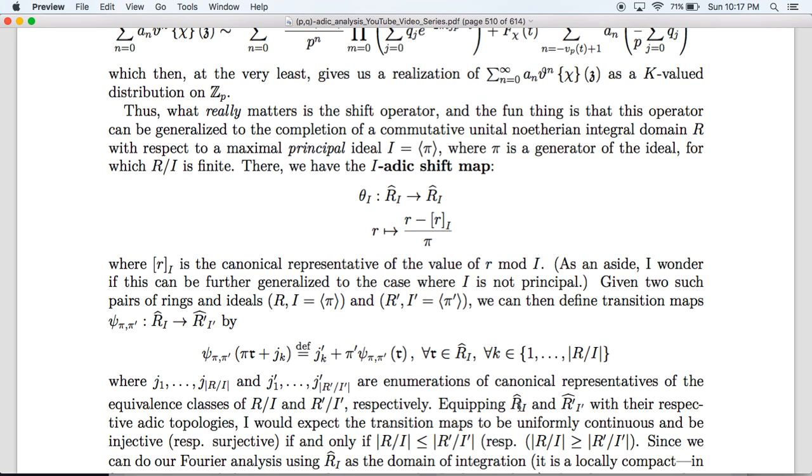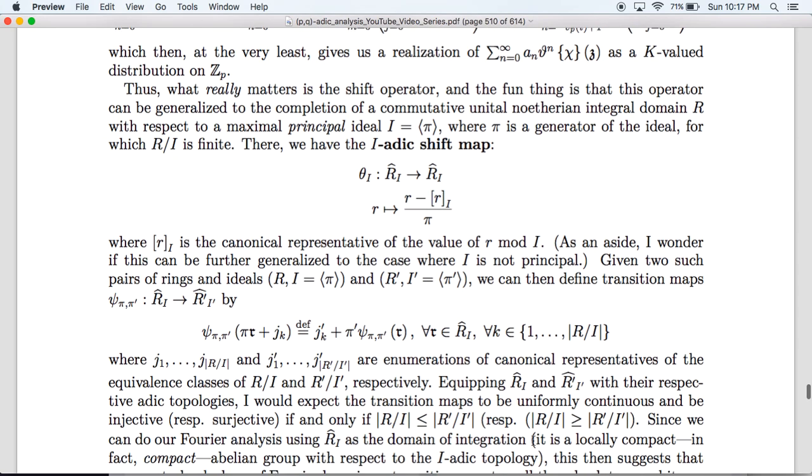If we equip these two completions with their respective adic topologies, I would expect the transition maps to be uniformly continuous and be injective, respectively surjective, depending on the size of what I call the residue fields relative to one another.